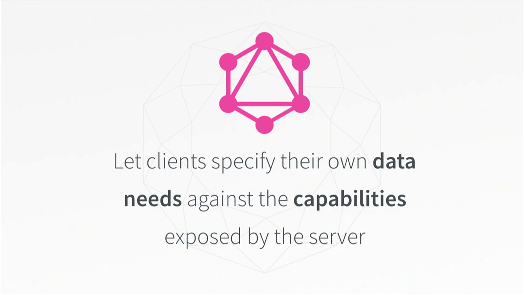So we're all familiar with the basic promise of GraphQL. What does it really have to offer? Well, it allows clients to not rely on the server exposing endpoints, giving you data that you may not actually need for a certain screen, but it really allows you to specify the exact data needs.